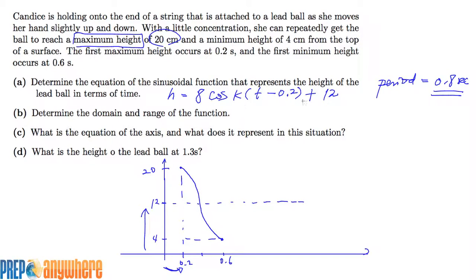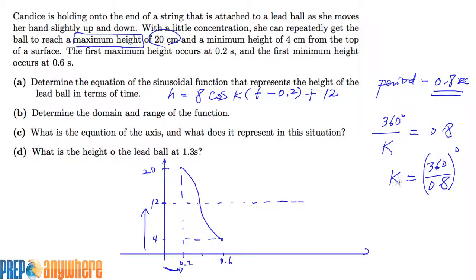To determine k, we know that 360 degrees over k is the period, which is 0.8. That must mean k would have to be 360 divided by 0.8. Okay, and this has to be in degrees, so that the degree unit will cancel out and we get seconds.